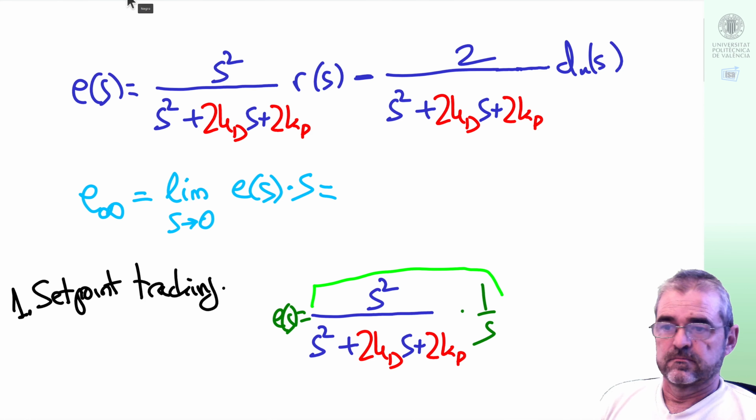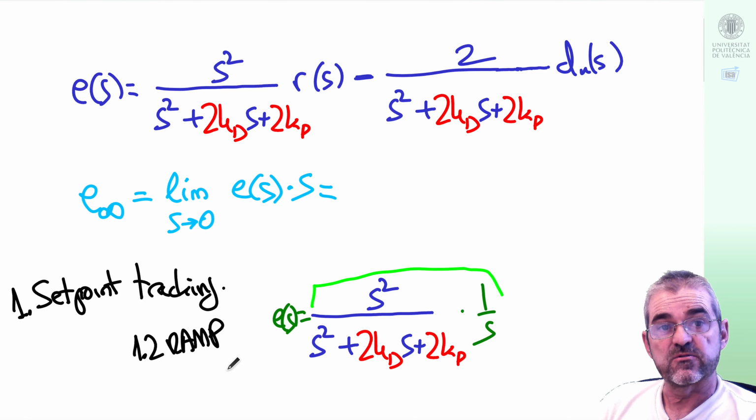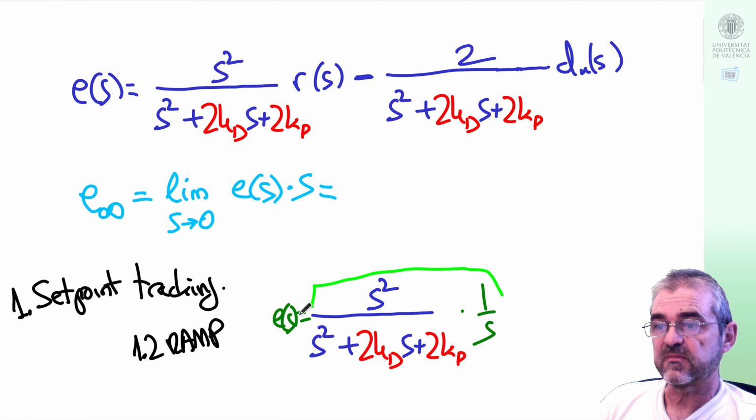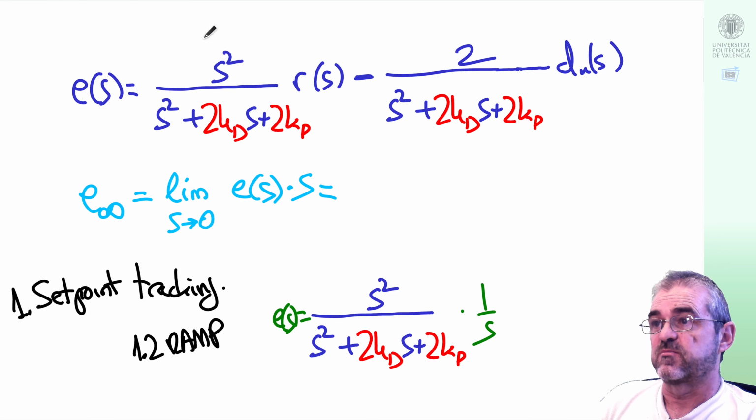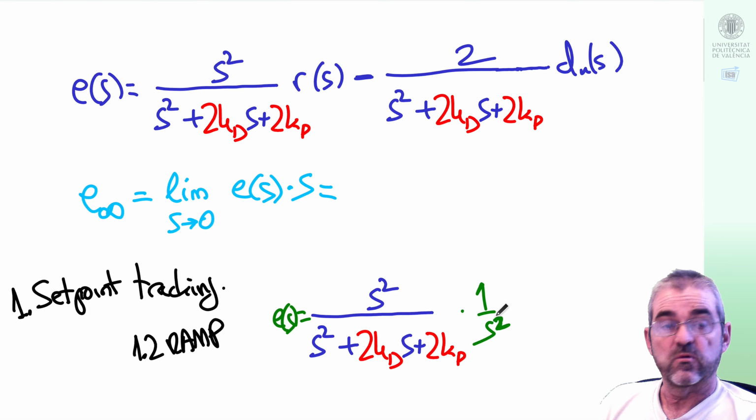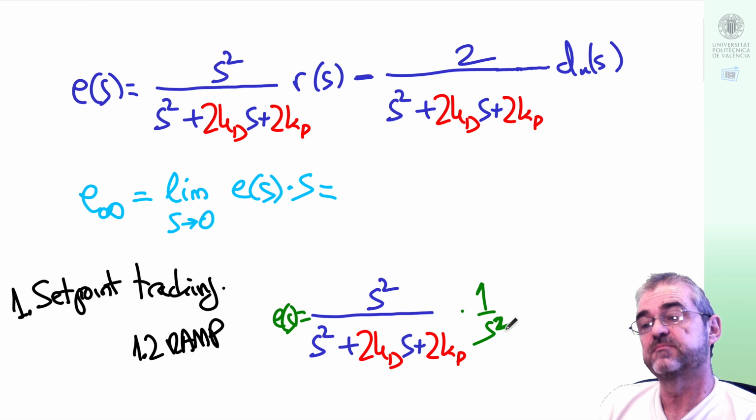Then, if I want my mass to follow a given trajectory with constant velocity, ramp position setpoint, then my setpoint will be now 1 over s squared, which is the Laplace transform of the ramp signal.